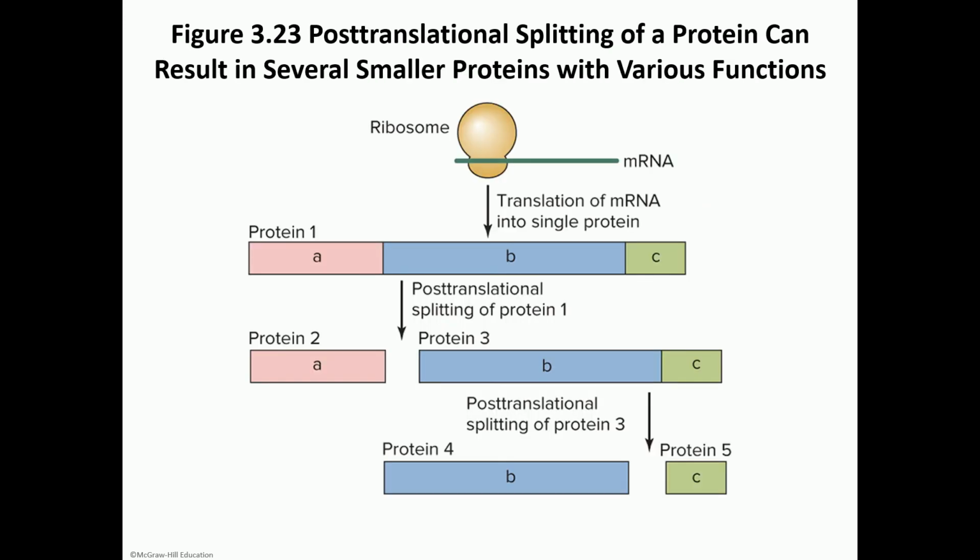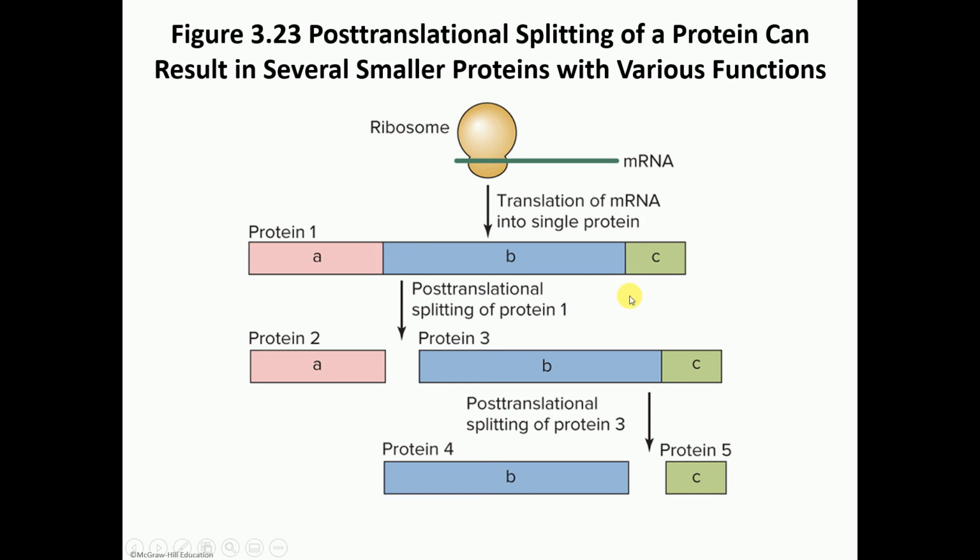Now, after the protein is made, again, we have made kind of like a transcript of the protein. Sometimes the proteins need to change a little bit, and that change is known as post-translational splitting of the protein, where we can either keep the whole protein as is, or we can slice it into smaller proteins.